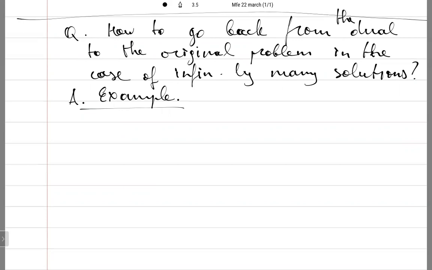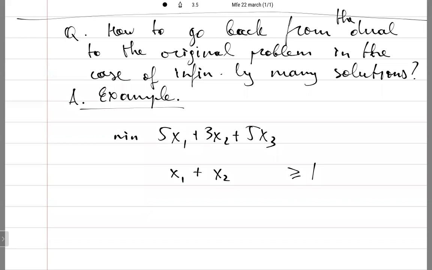Let's pretend that we have a minimization problem: 5x1 plus 3x2 plus 5x3, subject to x1 plus x2 is greater than or equal to 1, minus x1 plus 2x2 plus x3 is greater than or equal to 2, and x1, x2, x3 are greater than or equal to 0.